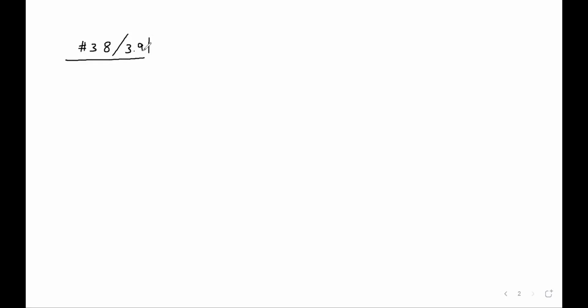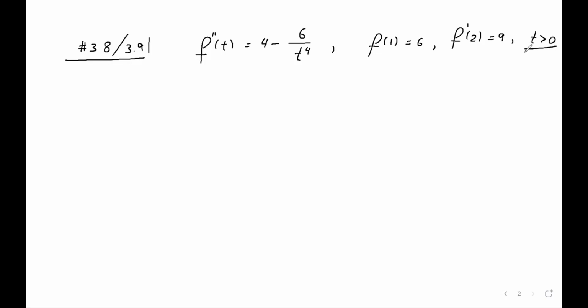This is again a review problem where f double prime of t is equal to 4 minus 6 over t to the 4, f of 1 is 6, and f prime of 2 is 9, and t is greater than 0. So f double prime is that.